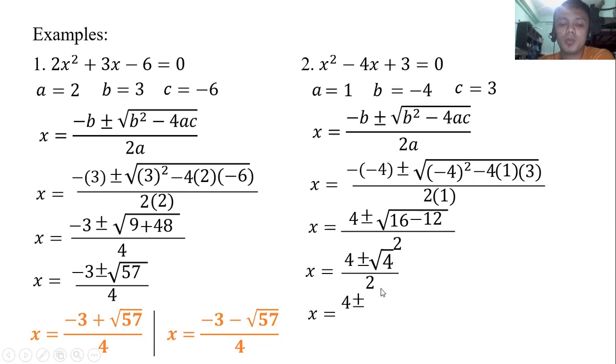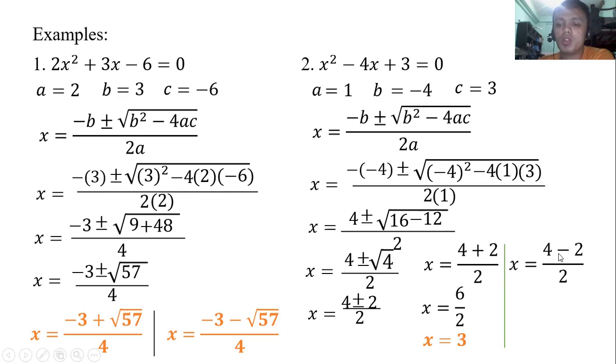We have 4 plus or minus 2 all over 2. Separate natin: yung isa 4 plus 2 over 2, yung isa naman 4 minus 2 over 2. So 4 plus 2 is 6, then 6 divided by 2 is 3. The other one, x equal to 4 minus 2 over 2, which is 2 divided by 2, equal to 1. So the roots are 3 and 1.